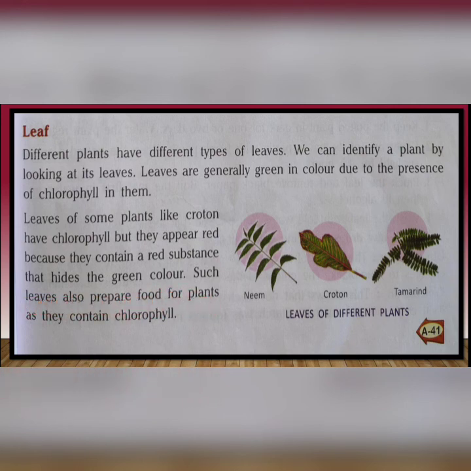So generally leaves are green in color due to chlorophyll, but some plants are not totally green, for example croton, which is shown in this picture. They appear somewhat reddish due to the presence of a red substance which hides the green color.